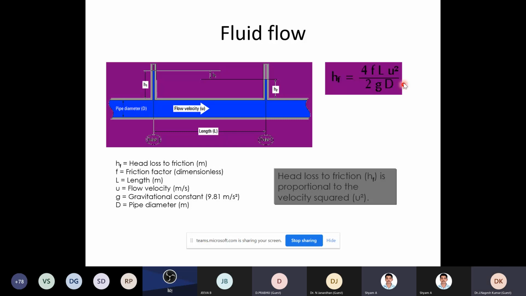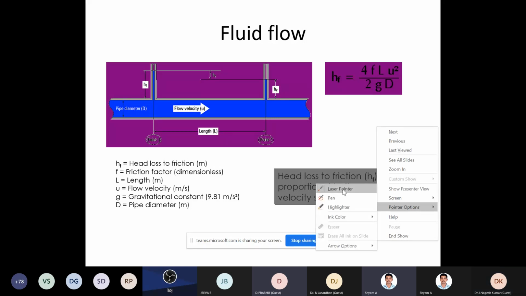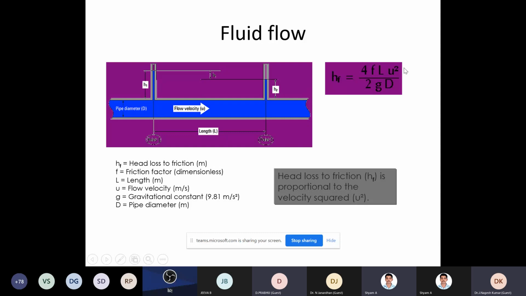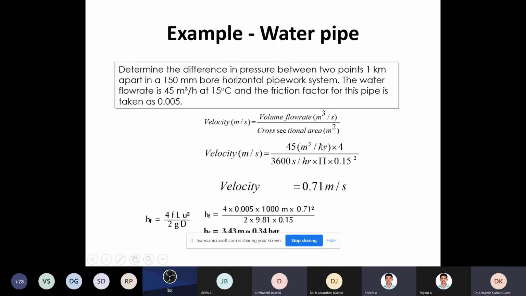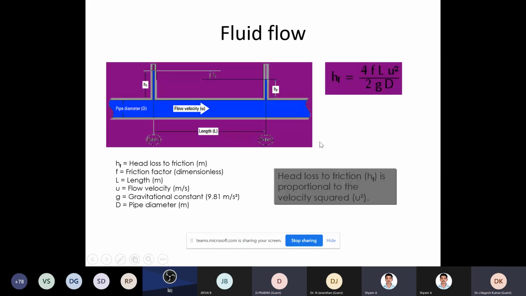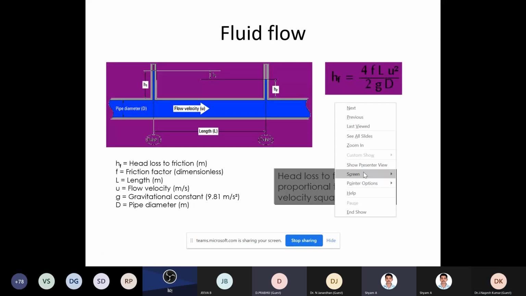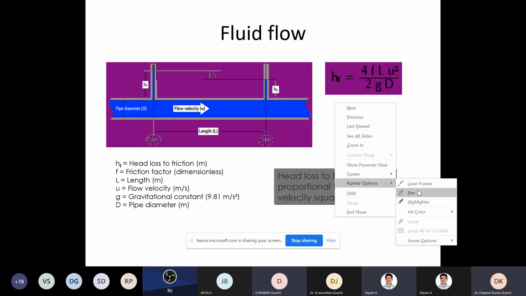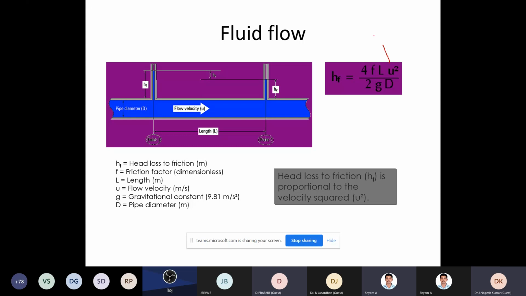Not only that, since it is velocity squared, what is velocity? This will be Q by A, right? So velocity is flow divided by area.